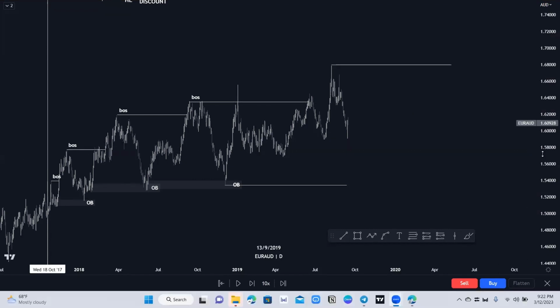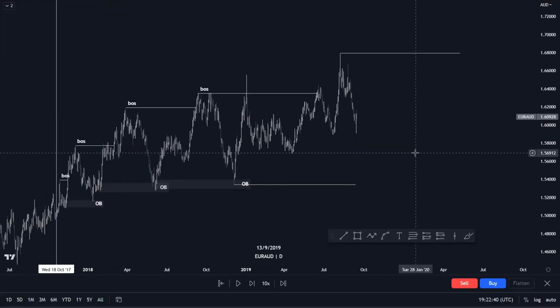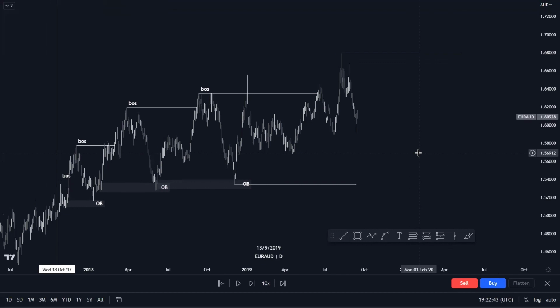Is there any specific thing that you would use to find your zone? Because you may find that in a smaller time frame structure, your OB in an uptrend won't be located exactly at your higher low, even though it broke two highs.